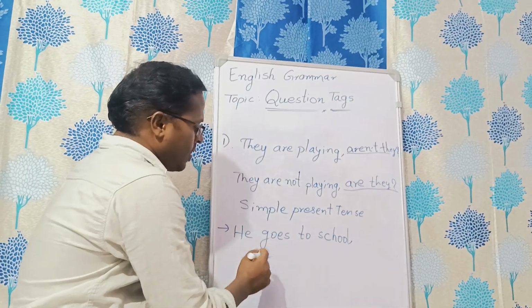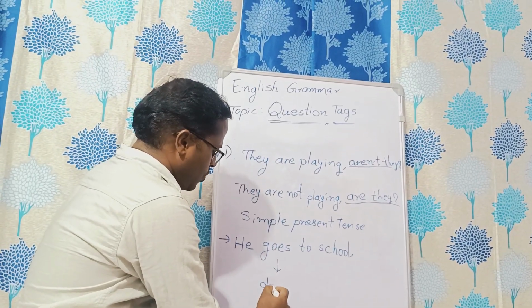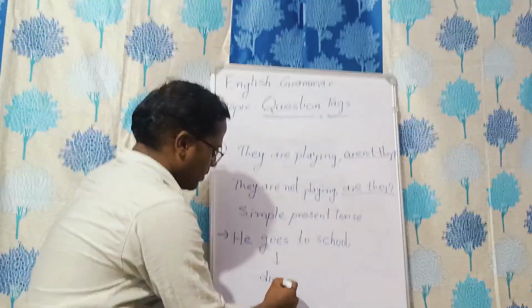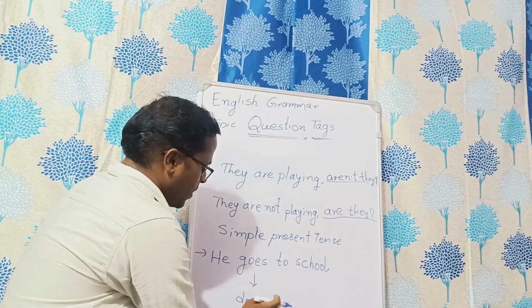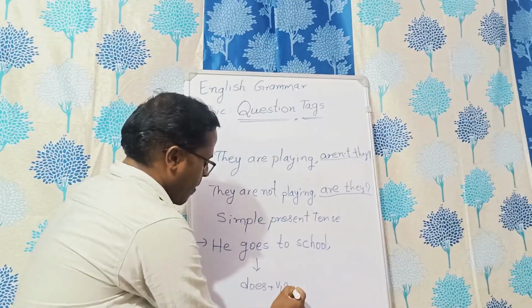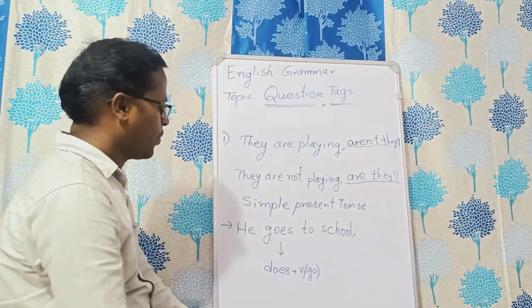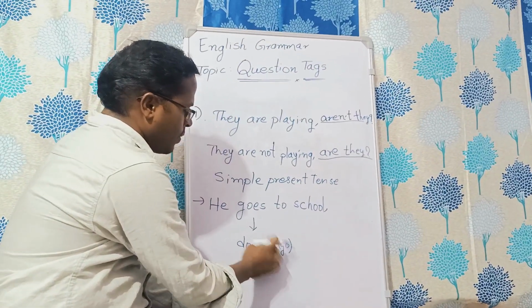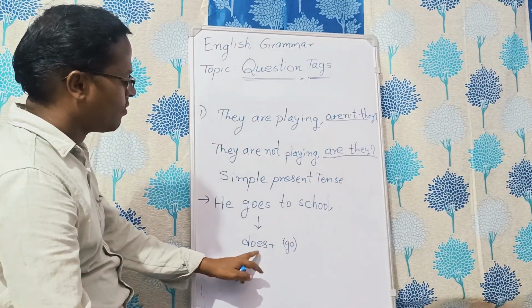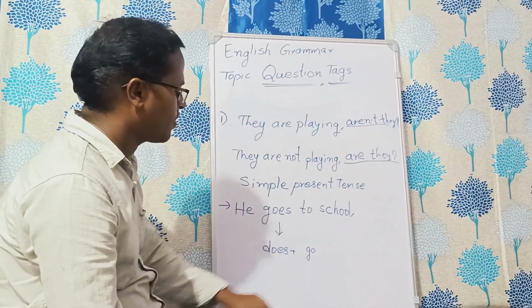So what is it here? Simple present tense: do, does plus V1, meaning go. Here "goes" is the mixture of does plus go.